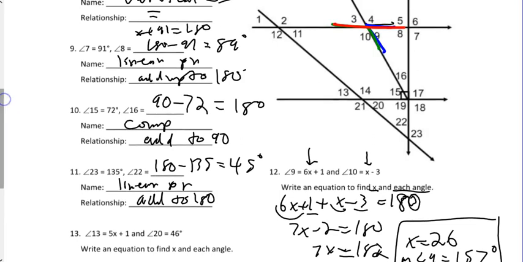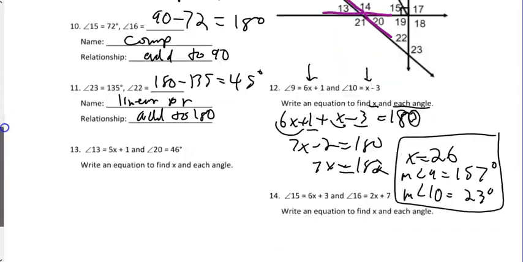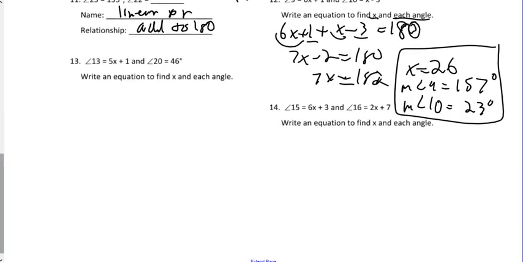Number 13 talks about angle 13. I was so confused before, possibly. So angle 13, where's that? That is right here. And angle 20 is right here. Well, what are they? They are vertical angles, which means they're congruent. So we're just going to set them equal to each other. 5x plus 1 equals 46. Subtract 1. 5x equals 45. Divide by 5, and x is 9.